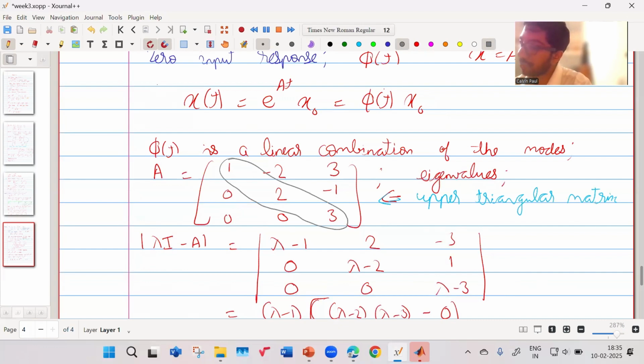This happens for an upper triangular matrix. It can also happen for a lower triangular matrix as well as for a diagonal matrix.